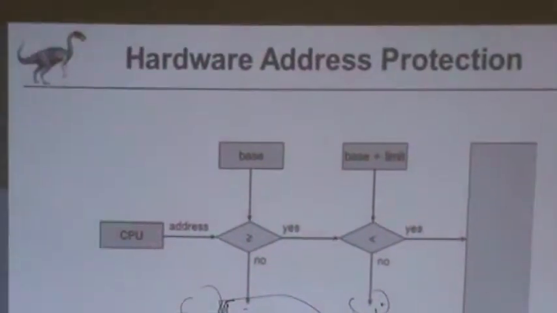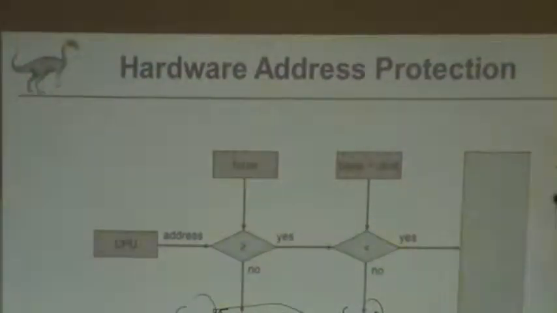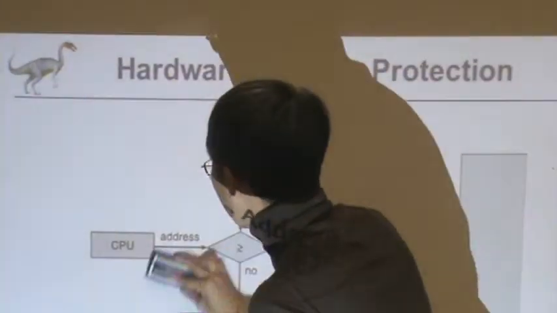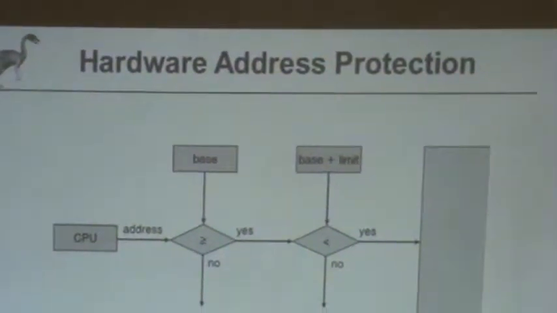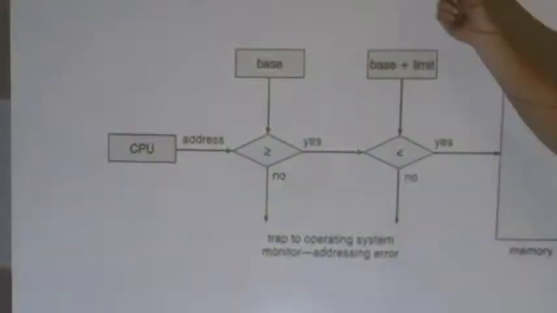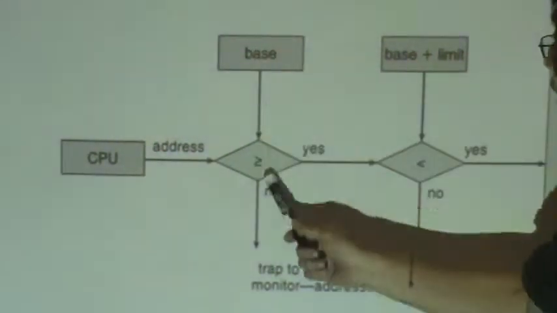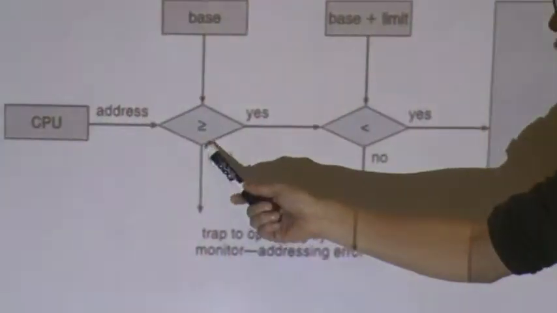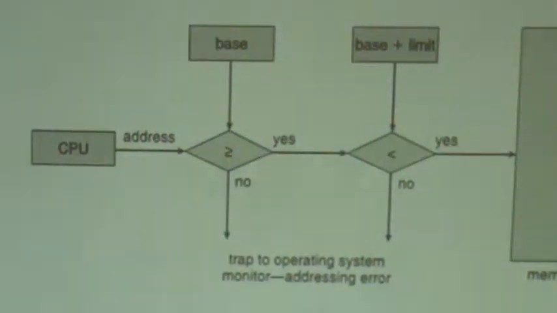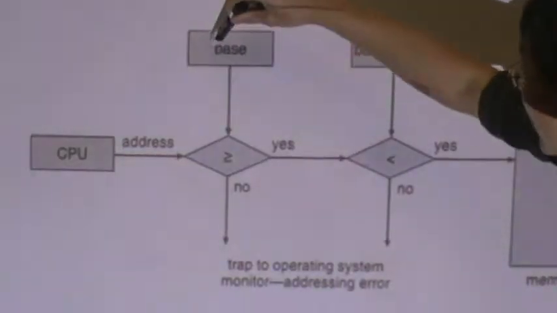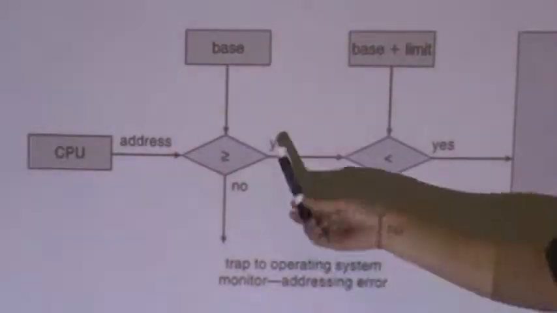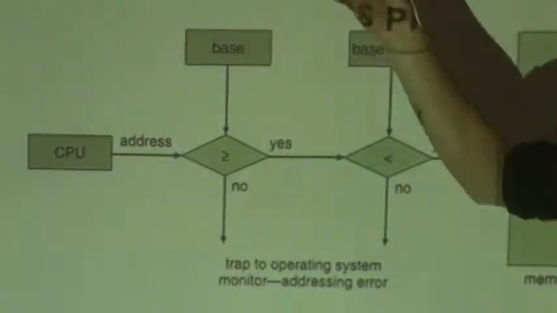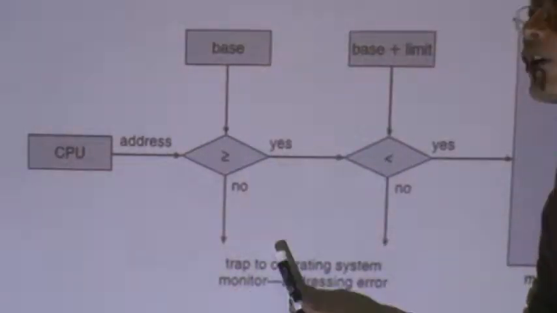Okay, so how will this be performed? The CPU actually provides hardware to compute the logical operation. So if the CPU gets the address and it is less than the base, or out of the space, then it is an error.